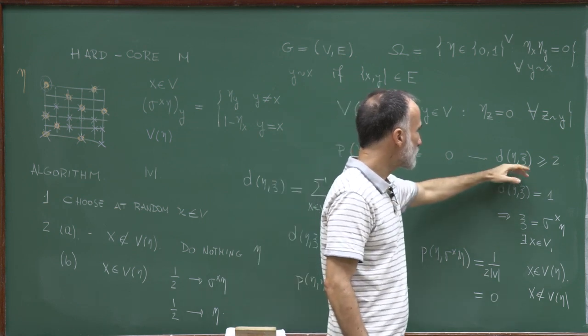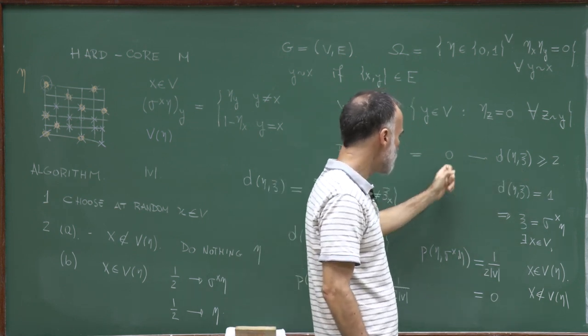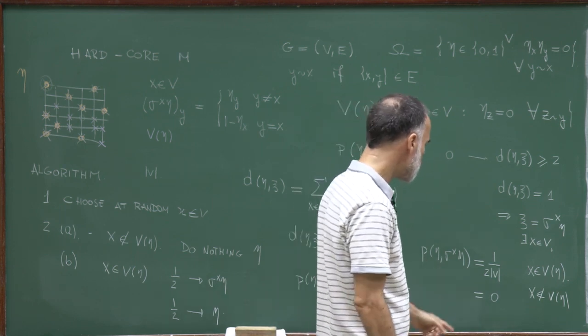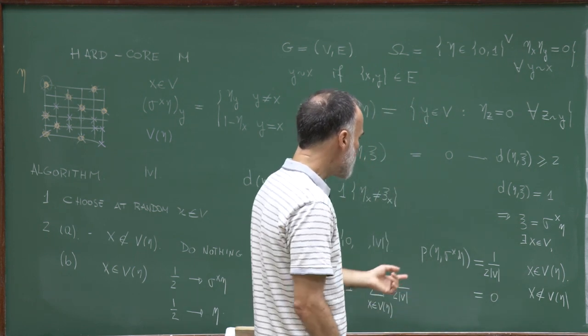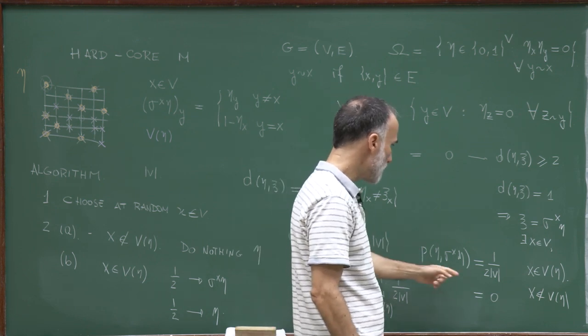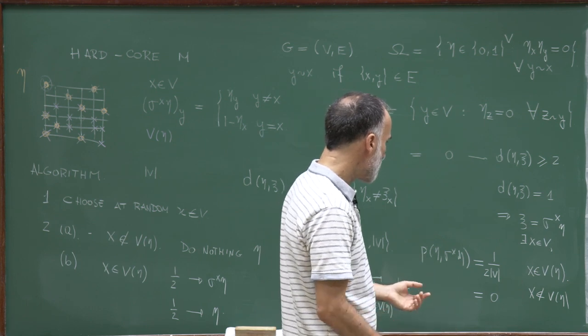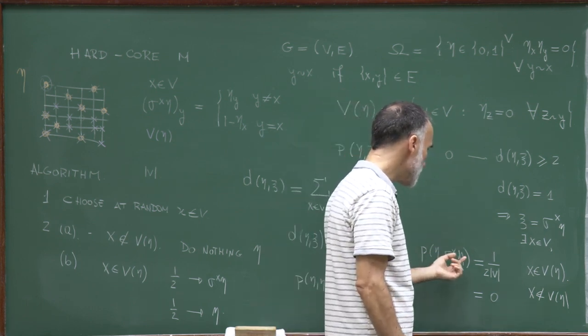If the distance is larger than 2, it's 0. Now let's see if the distance is 1. You have to sum this quantity for all configurations. But what are all configurations you can obtain?